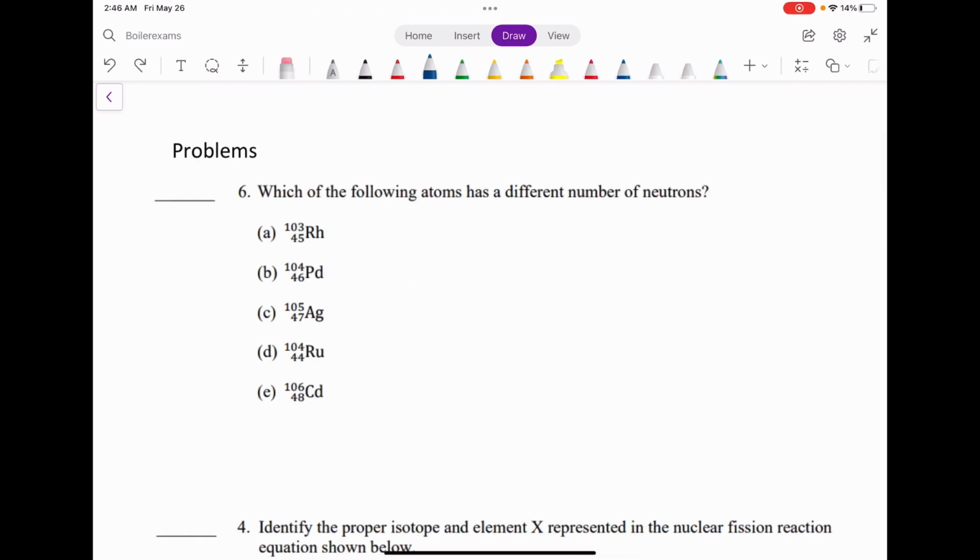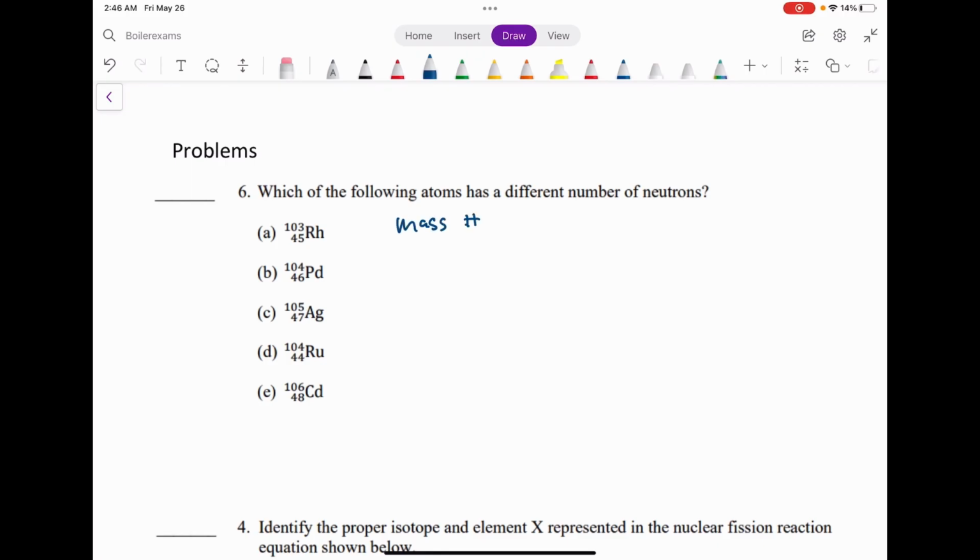Let's get into the exam problems. So for the first one, which of the following atoms have a different number of neutrons? So we know our top number is the mass number, and the bottom number is our atomic number, which is protons. So if we want to find out the number of neutrons in each one of these elements, we can subtract the atomic number from the mass number.